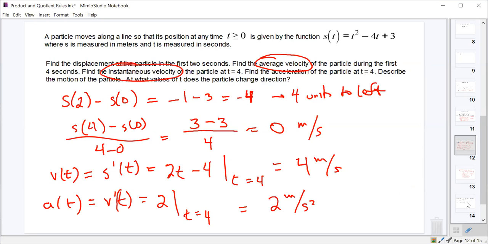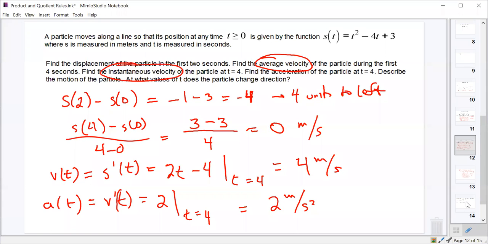We're going to do some far more complicated ones eventually. So when you say that the average velocity is 0, it's basically because at those 2 points it had the same y value, so technically it didn't go anywhere. That's correct. Its displacement was 0, and a change in displacement over a change in time is your average velocity.